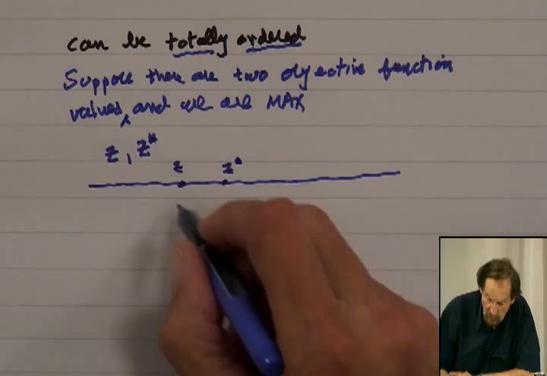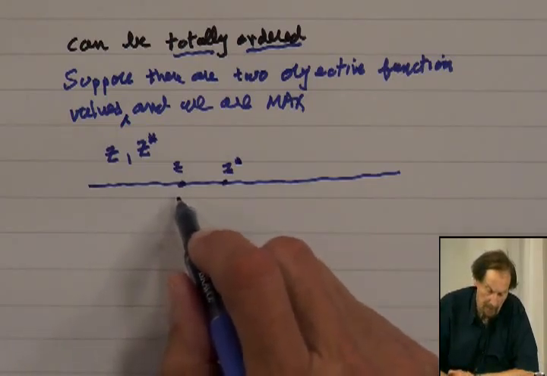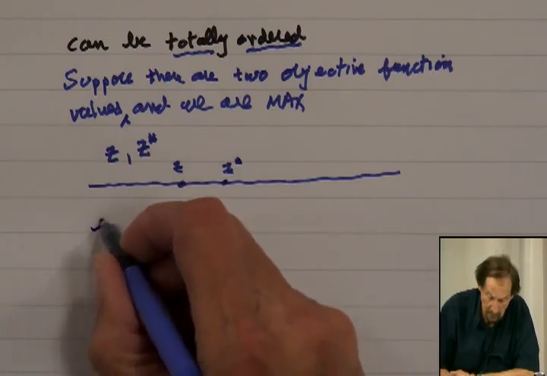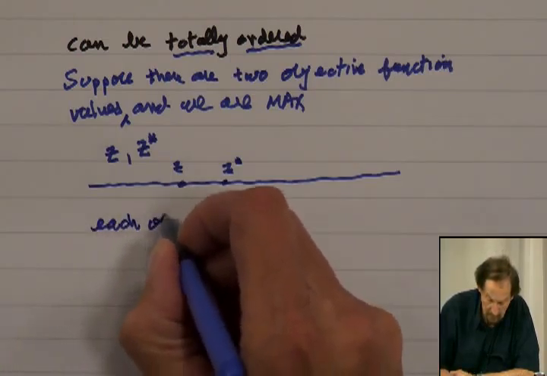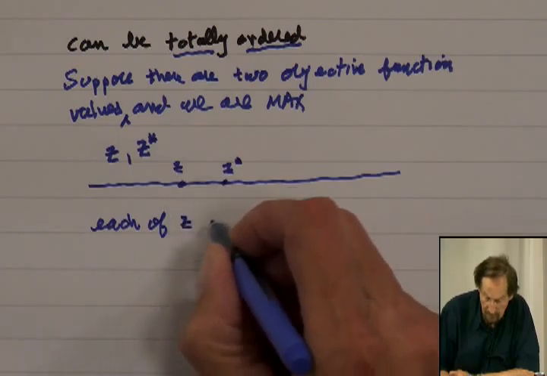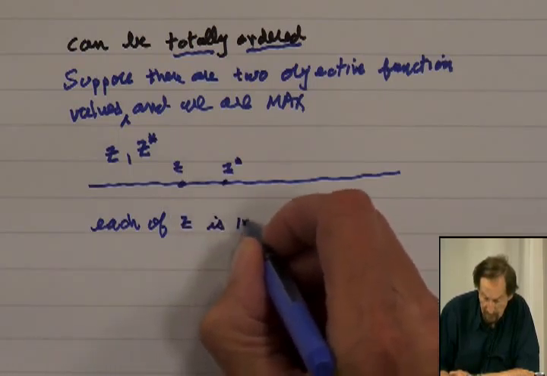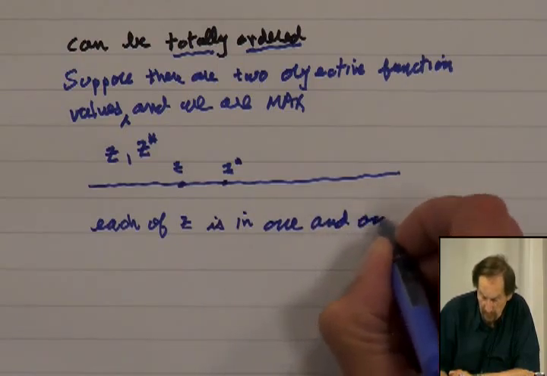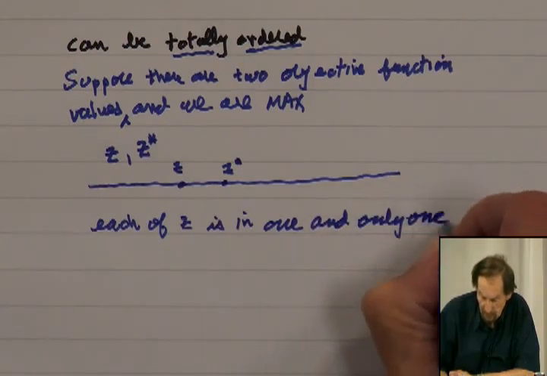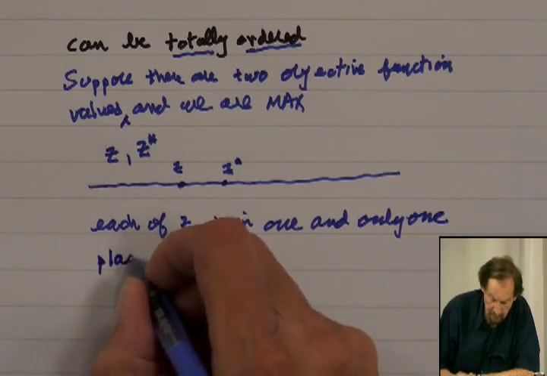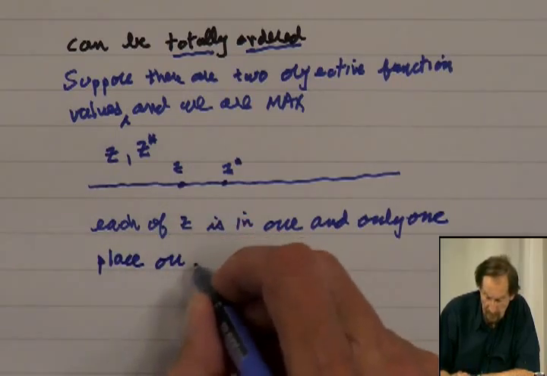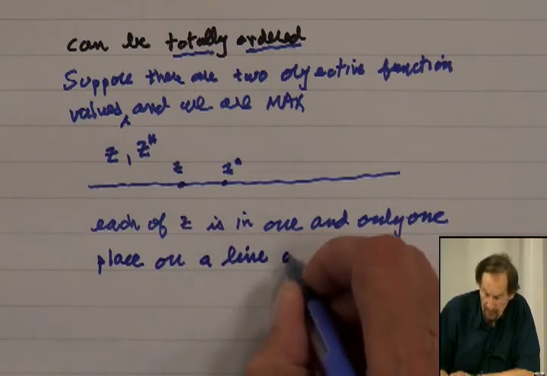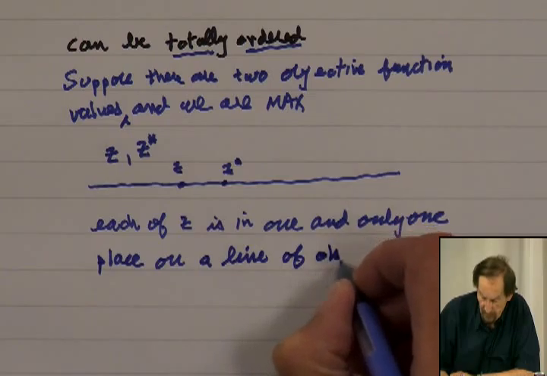So each of these takes one and only one place on a line of objective function values.